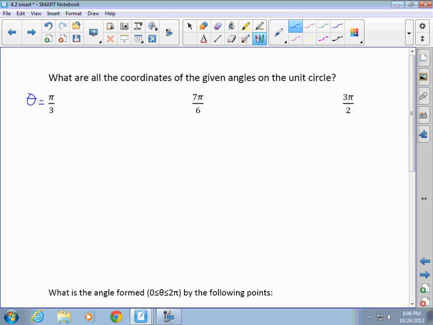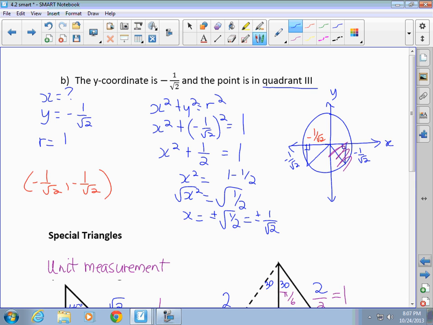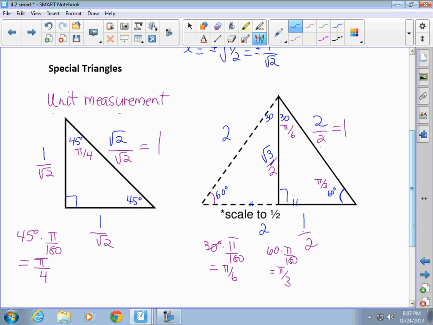So pi over 3 is the same as 60 degrees. So I know because it has a value of pi over 3 or a value of 60, that is going to be the equivalent of this one here. So I'm going to use the 30, 60, 90 values in order to solve this.